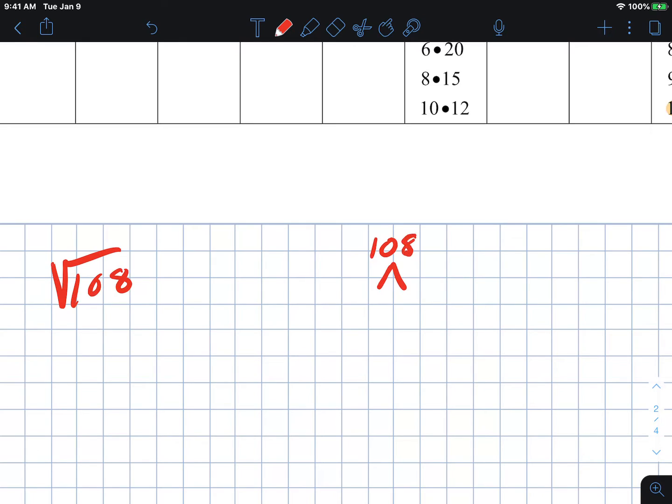Well, if it's an even number in the single digit place, so the 8 is even, it can always be divided by 2. So that would be 2 times, what would it be? I think 54. All right. I can't factor 2 to any other factors other than 1 times 2.